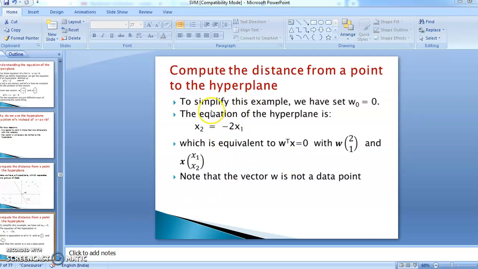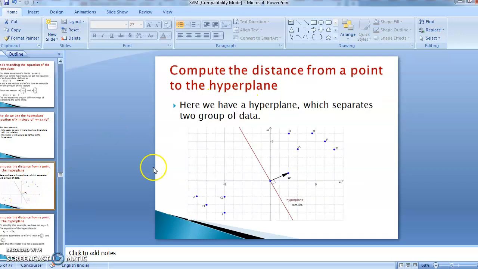Let's see an example. Suppose we are given the hyperplane equation x2 = −2x1, and we want to find the margin from the given boundary points. Here you can see that G is a boundary point and A is a boundary point. So how can we find the maximum margin for this particular hyperplane?